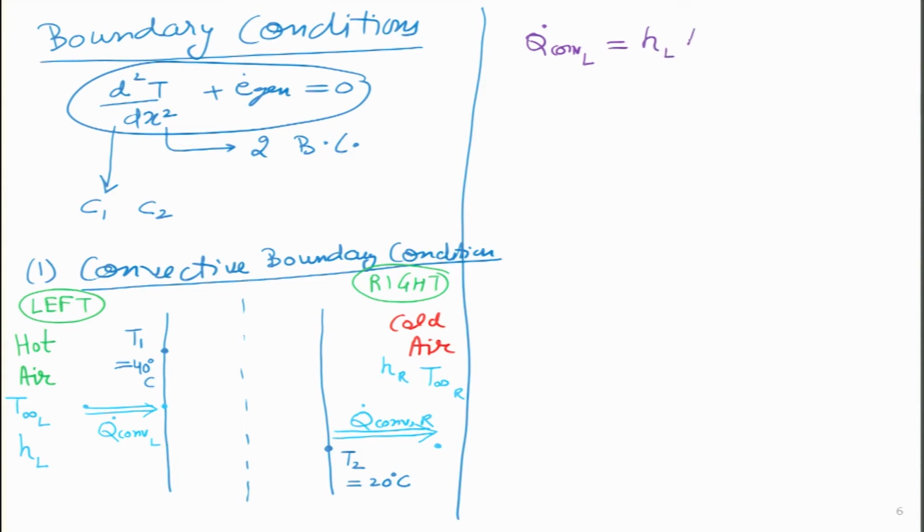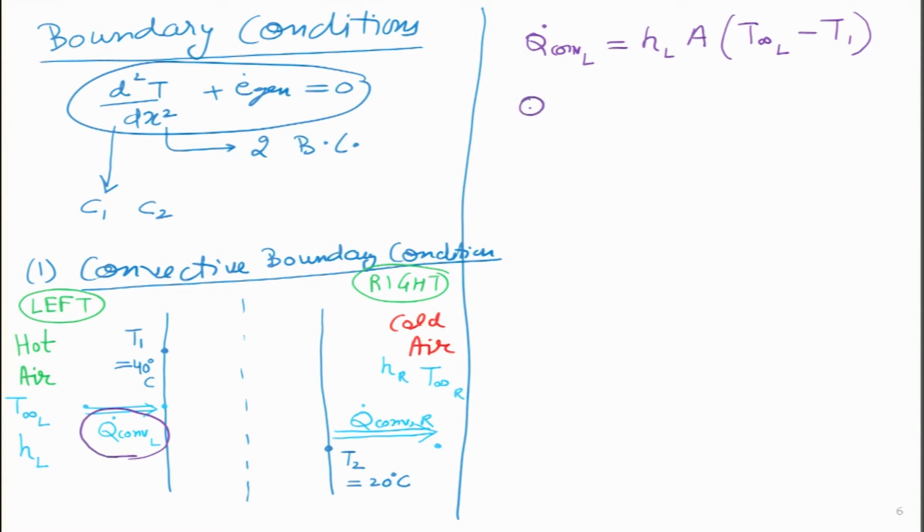A is the cross sectional area, and what is delta T over here? Because T infinity L is at a higher temperature over here, I will subtract it from T1. So, this is my convective heat transfer Q dot convection L on the left side.